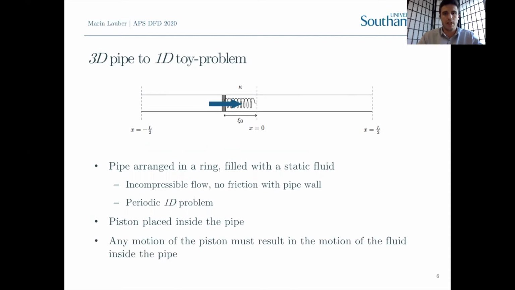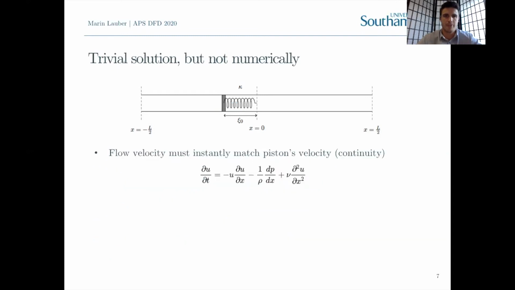From a very simple continuity approach, we can clearly see that as soon as the piston starts to move, the flow will have to instantly match its velocity in order to satisfy continuity and mass conservation. This flow has a very trivial solution that you can obtain from first principles, but numerically it's much harder to solve because of the fractional step method.